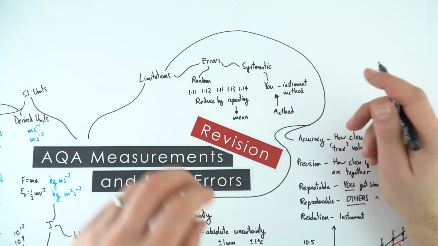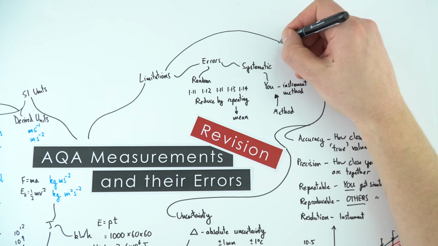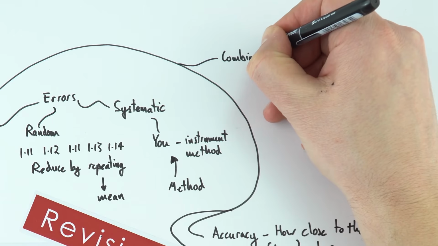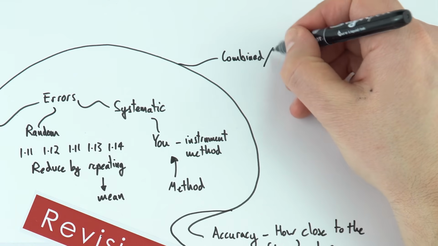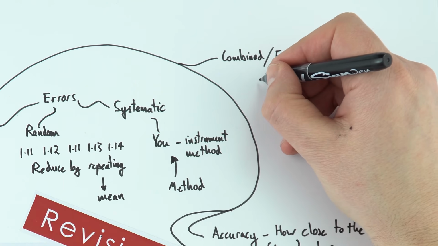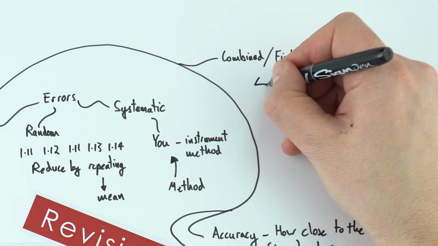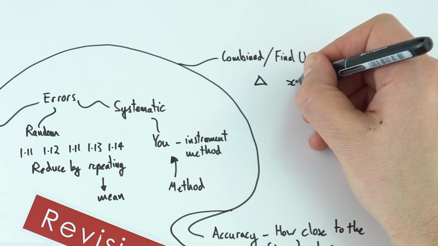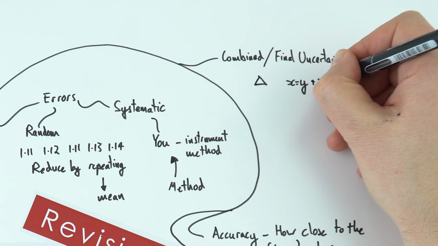Now, suppose we have lots of data and we've looked at percentage uncertainties in our measured values. What we can then do is combine these, so we can look at the combined or final uncertainty. One way we can do this is by looking at the absolute uncertainty. So perhaps we know that x is equal to y plus z.